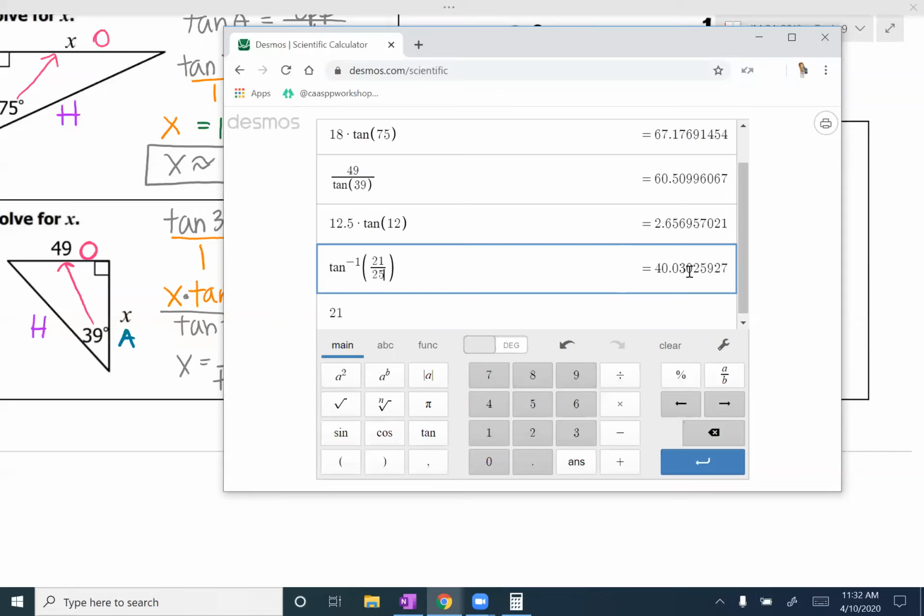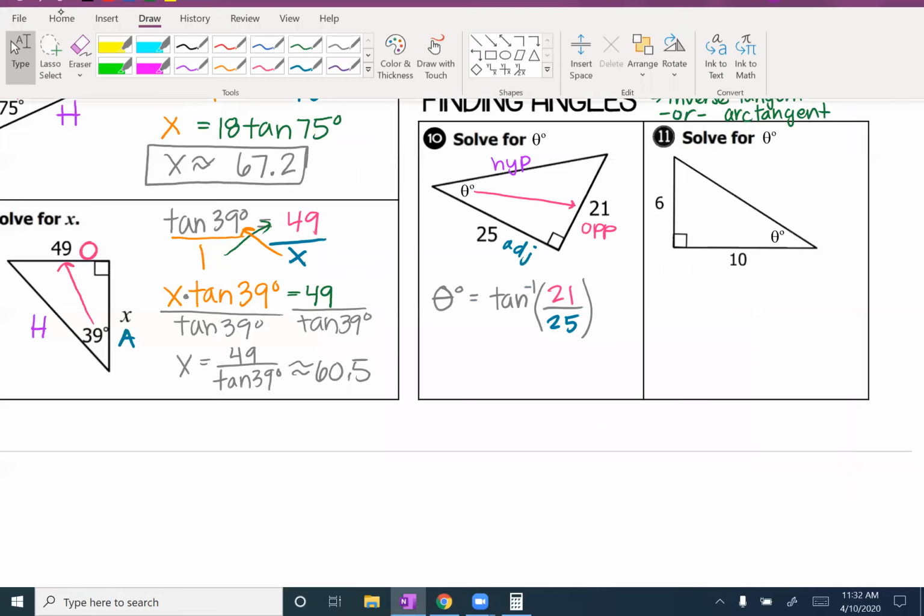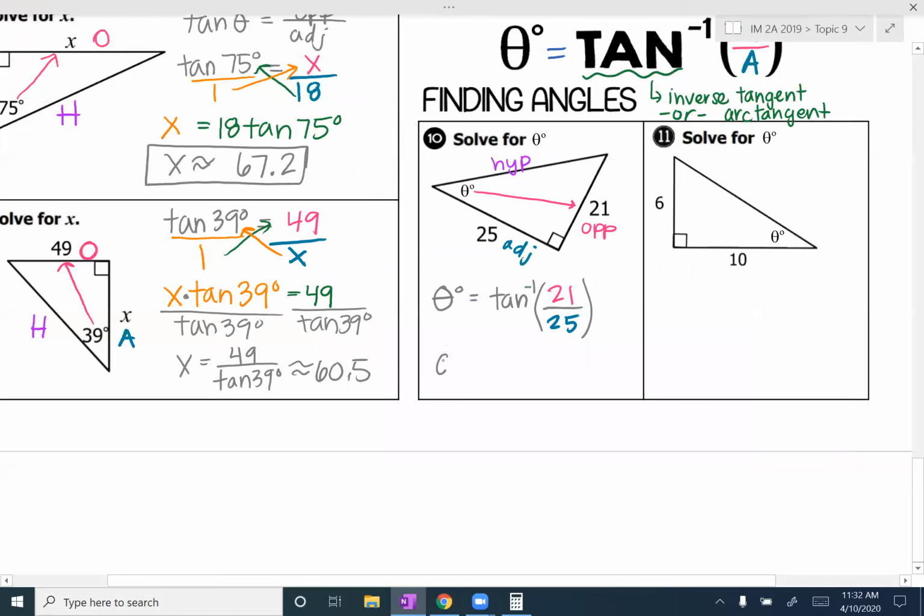That gives me 40.03. So that 3 I'm going to leave as a 0. So that means theta is 40.0 degrees.